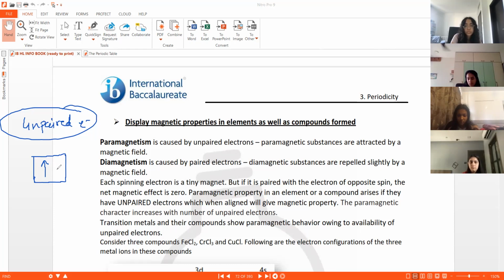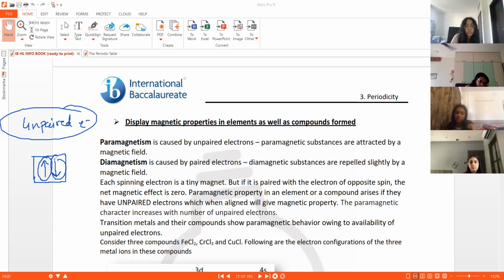Each electron is a magnet. Every electron is a magnet because it spins. It's a charged particle and it spins, so that will definitely generate a magnetic field. But if there are 2 electrons in the same orbital but with opposite spin, clockwise and anti-clockwise, then the magnetism of this one and the magnetism of this one will be equal and opposite.